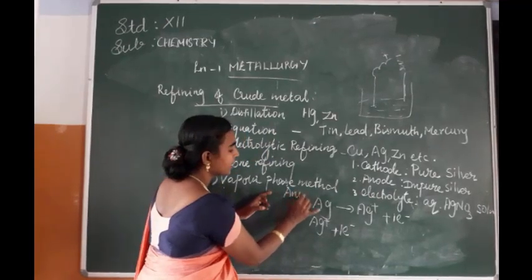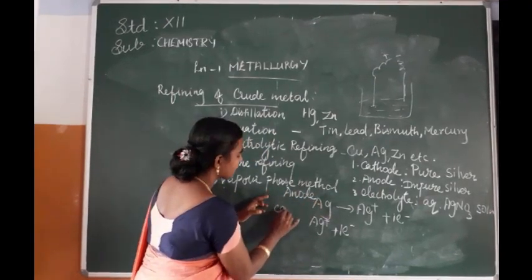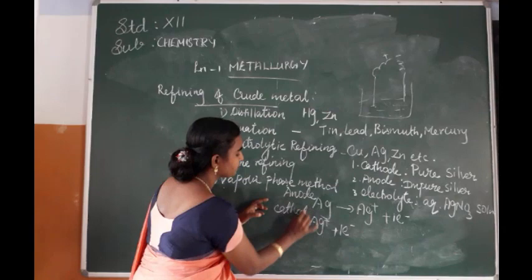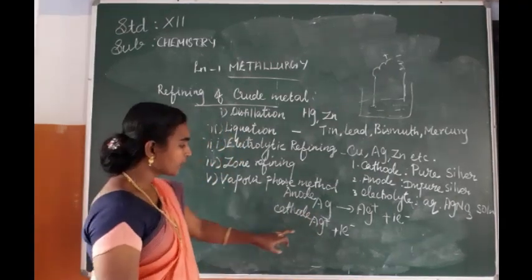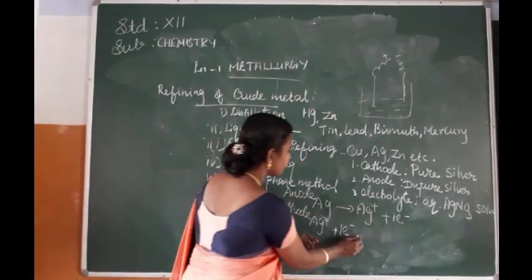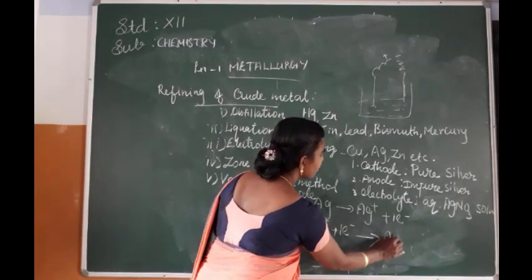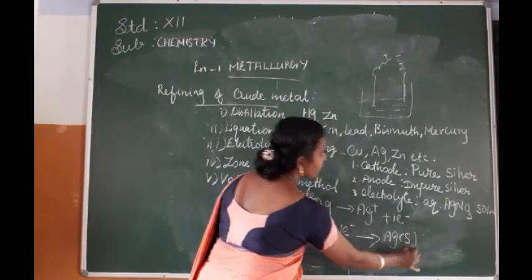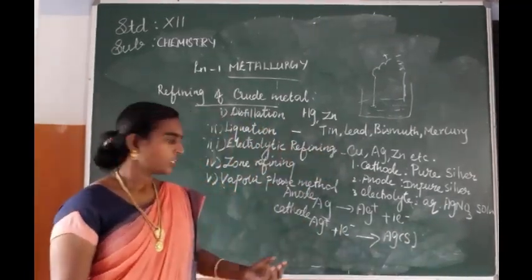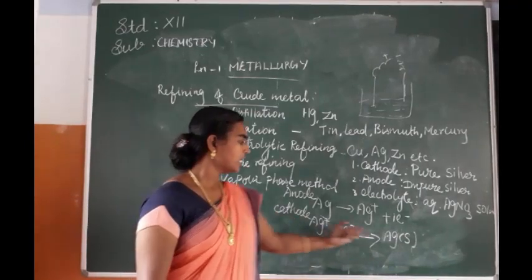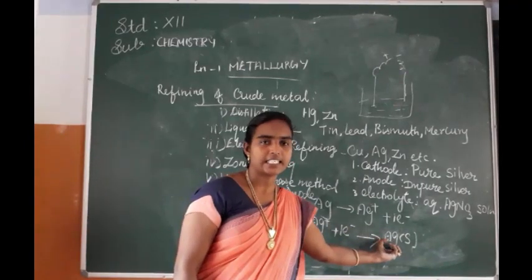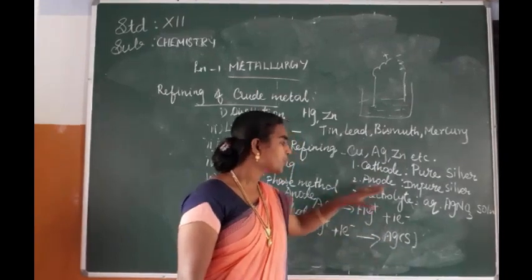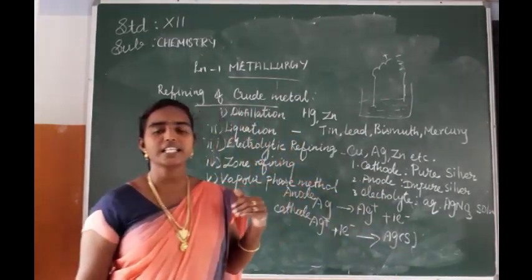This reaction is in anode, this reaction is in cathode. Okay. So in cathode, when it accepts this electron, it will be deposited as pure silver. Okay. So this way in cathode, this pure silver is collected. In anode, impurities are left behind, that is called anode mud.